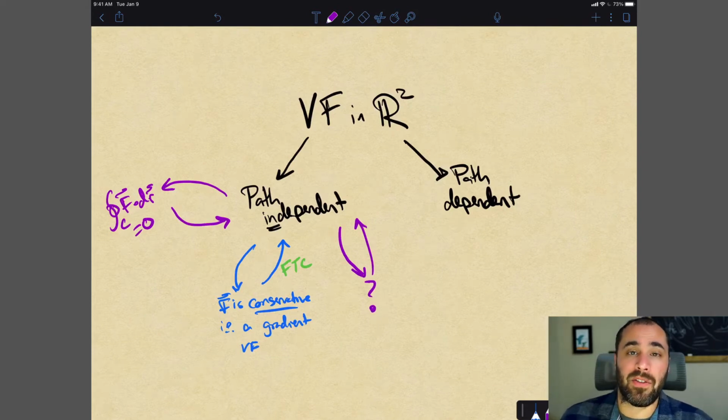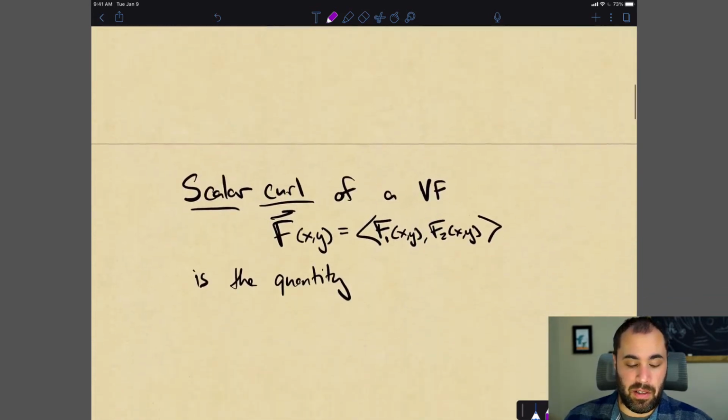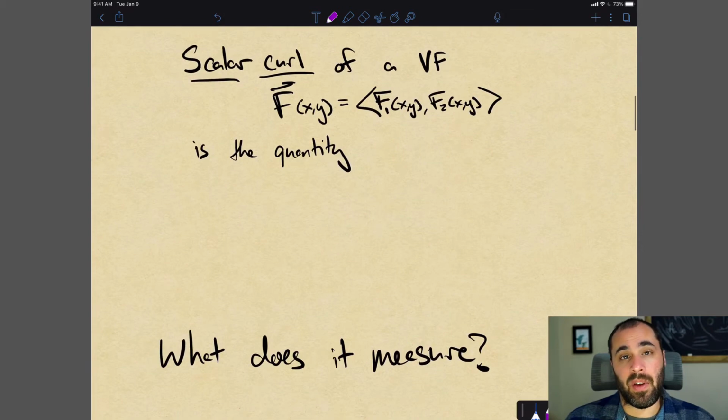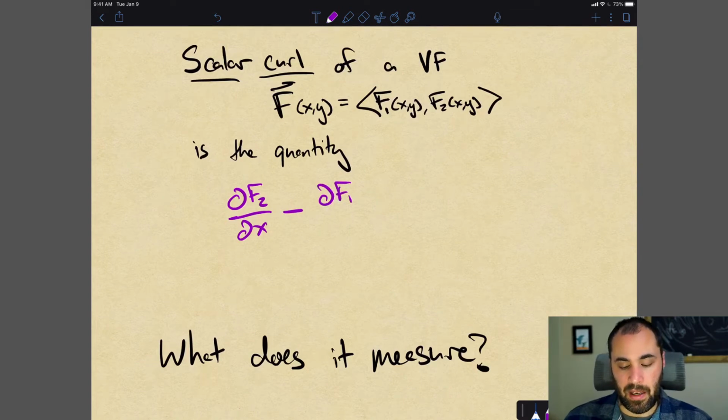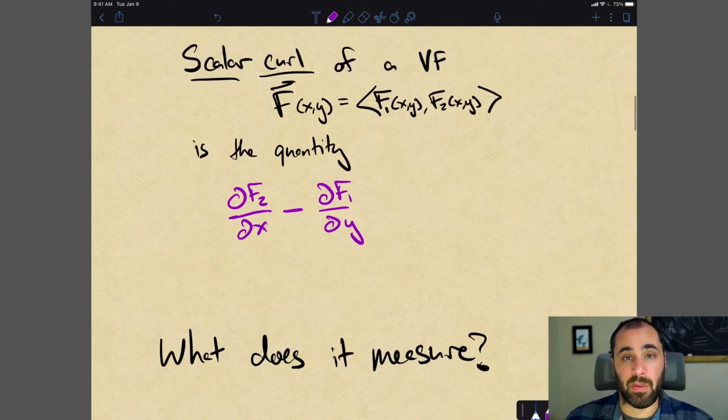So the first thing I'll define for you is the notion of scalar curl. If we've got a vector field whose components are f1 and f2, and f1 and f2 both can be functions of x and y, then the scalar curl is a quantity we get by taking a partial of the second component with respect to x minus partial of the first component with respect to y.